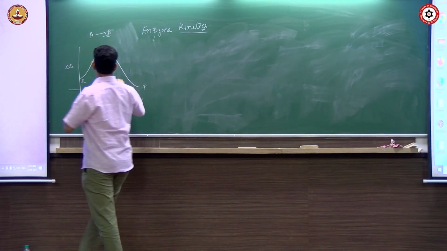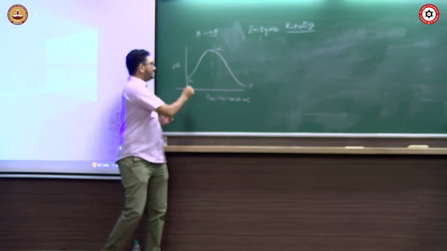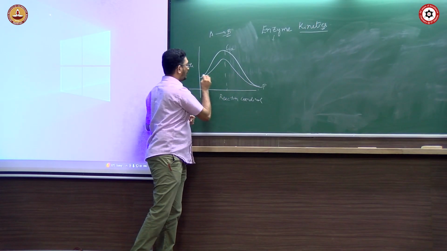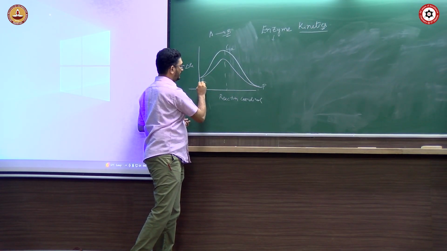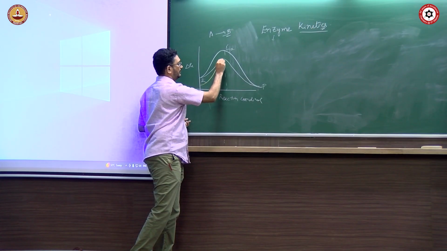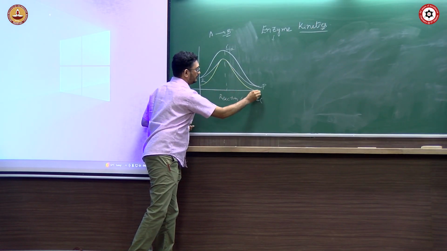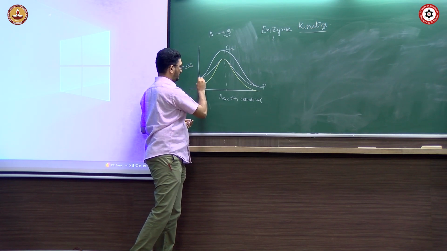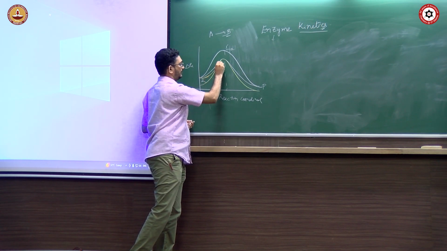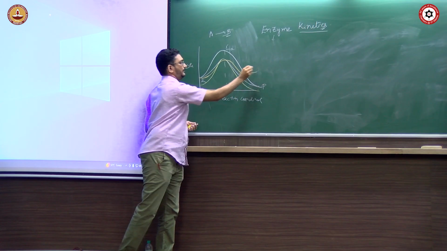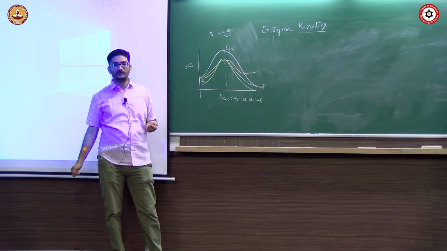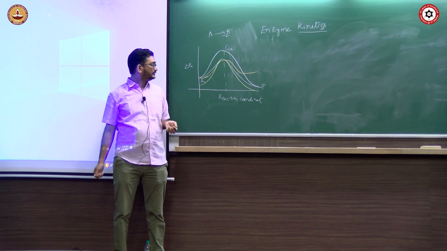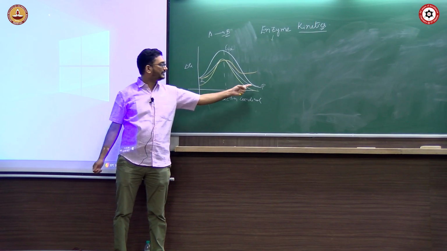Definitely it will reduce the activation energy, but is it going to be like this, or is it going to be something like this? Which one will it be? The yellow one? Yellow one means it is reducing the energy of reactant and product also.